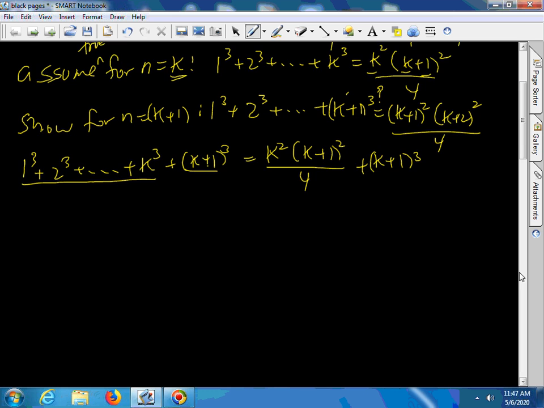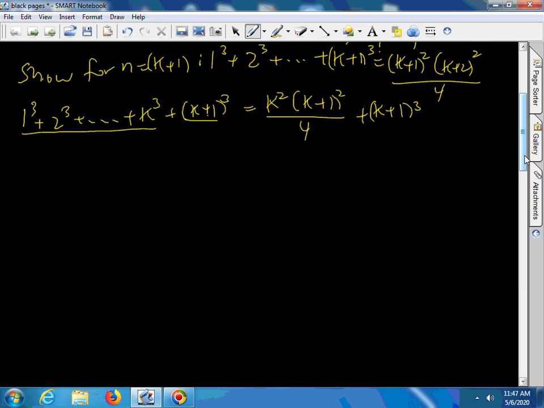Now, I definitely don't want to cube k plus 1. That's too hard. So what I'm going to do is factor out k plus 1 squared. And the nice part is that's supposed to be part of the answer.